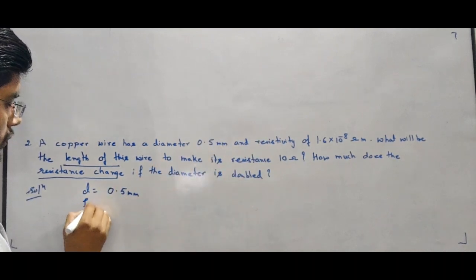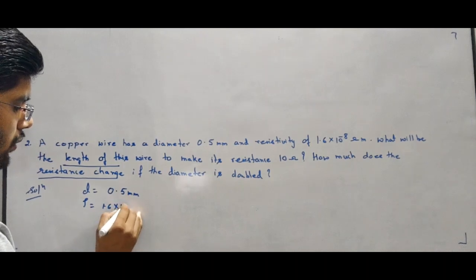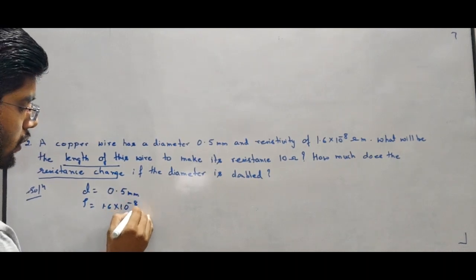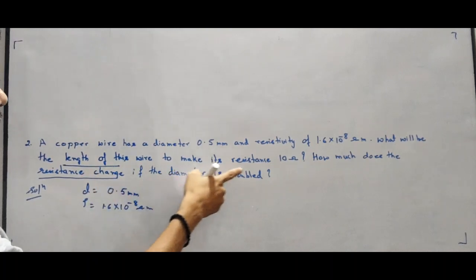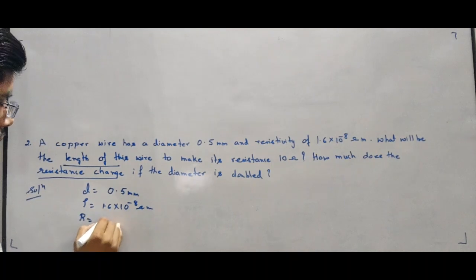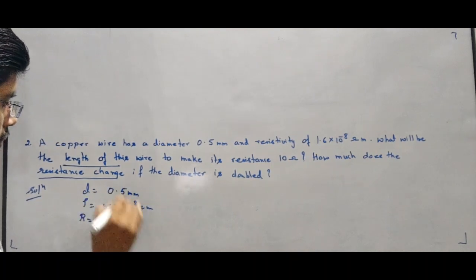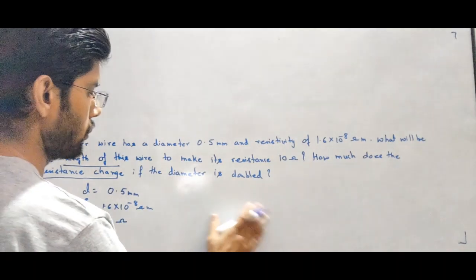Next, resistivity of the wire, that is rho, is equal to 1.6 into 10 to the power minus 8 ohm meter, and length of the wire to make resistance. See, resistance is given, that is 10 ohm.